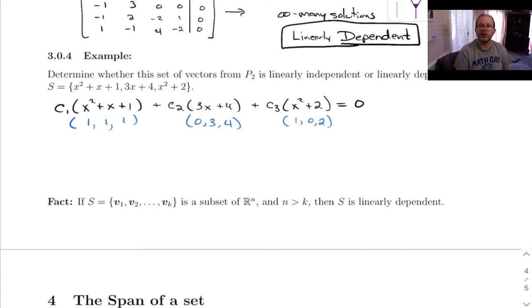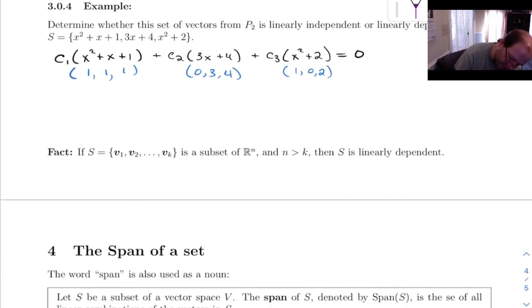Just looking at the coefficient of x squared, x, and the constant on each one of those. So when I write this as an augmented matrix, the C1 column is going to have 1, 1, 1. The C2 column is going to be 0, 3, 4. And the C3 column is 1, 0, 2. And then over here, my 0 vector is 3 zeros.